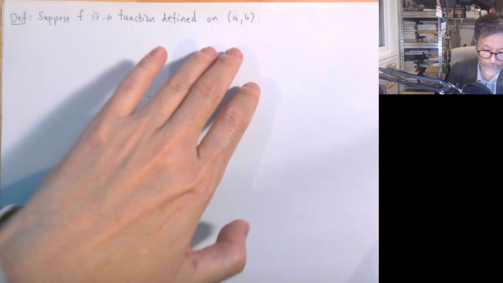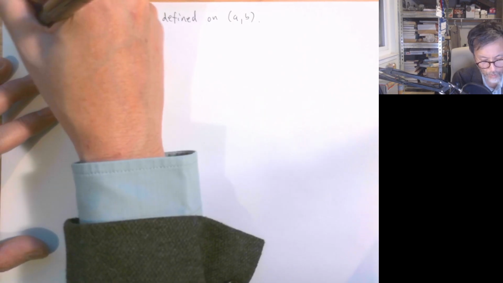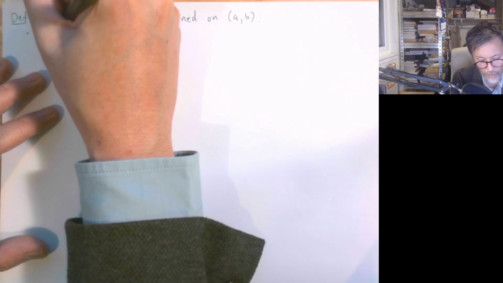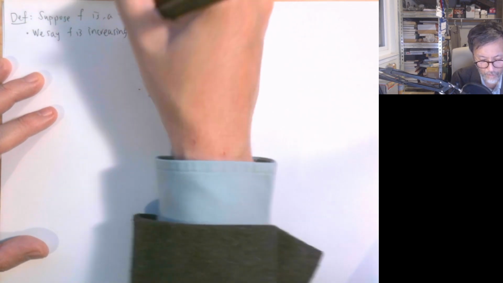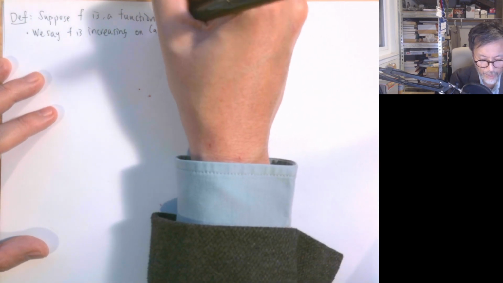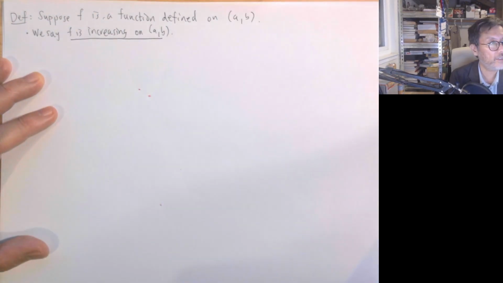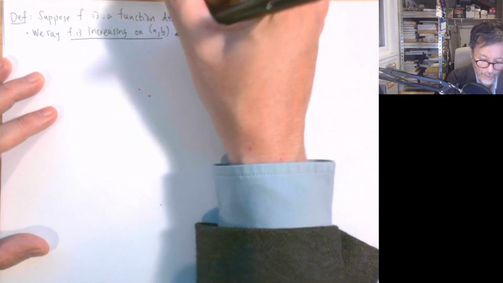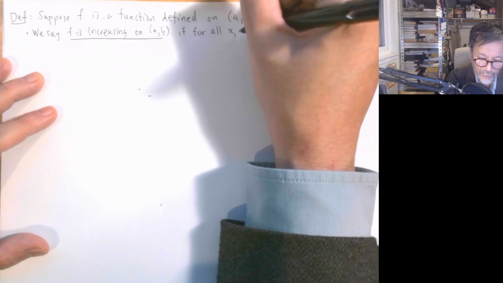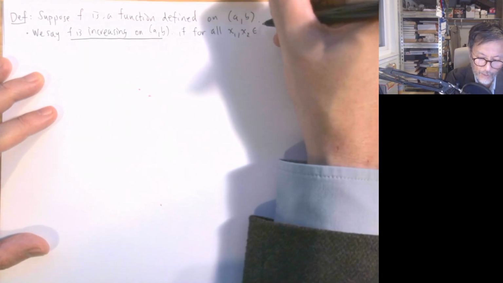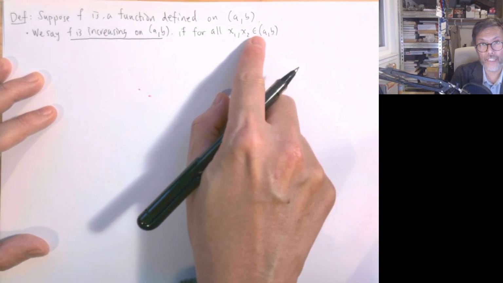So suppose f is a function defined on this open interval, then we say f is increasing on (a, b). So I'm defining this concept here. f is increasing on (a, b) if for all x1 and x2 that we draw from this interval, so for any two numbers that live in this interval.